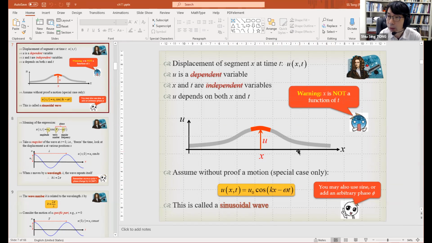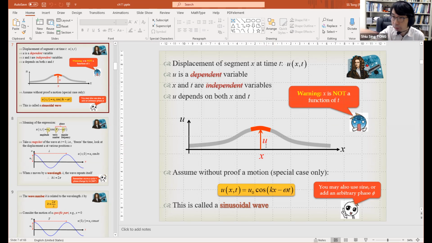Different x labels different positions of the string. But the displacement is not given by x. x is just a label; it just gives you the position where you look. The displacement is a transverse motion, the up and down motion of the string, and the displacement is given by u.